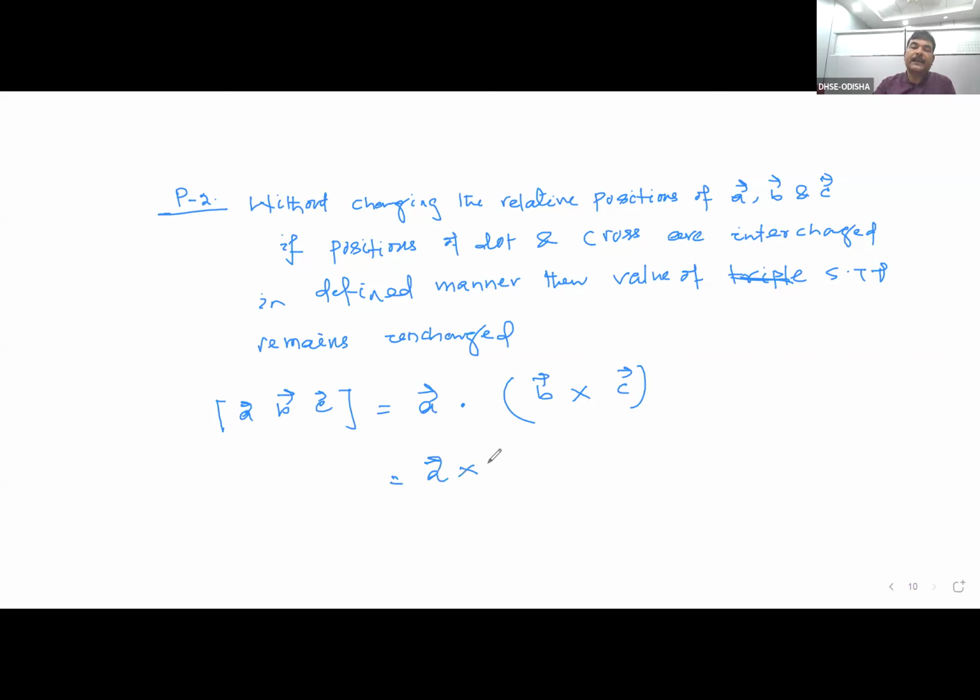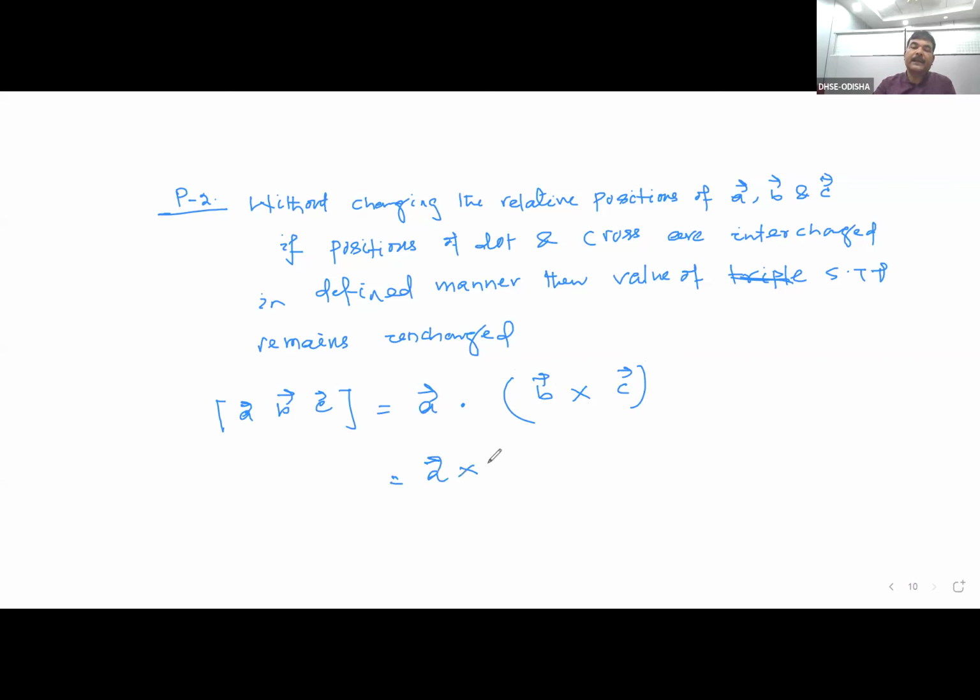If the vectors A bar, B bar, and C bar are coplanar, then box product ABC is equal to 0.